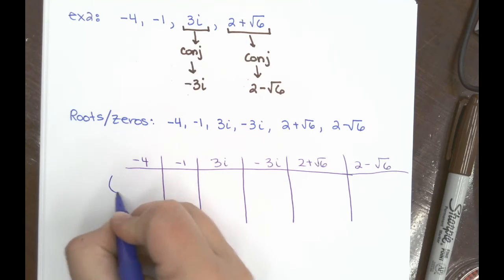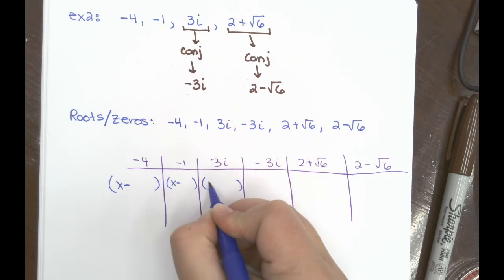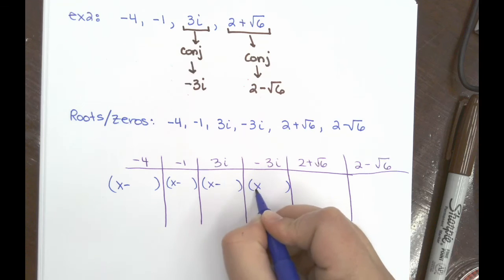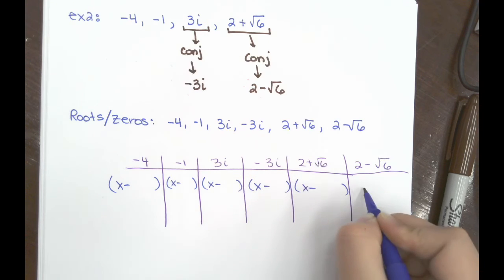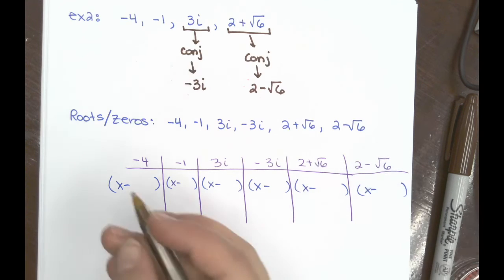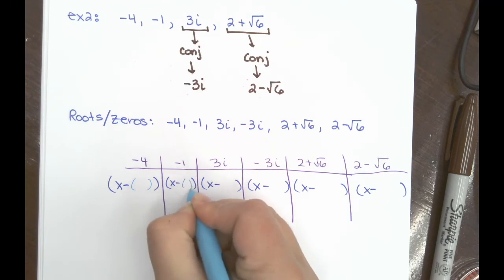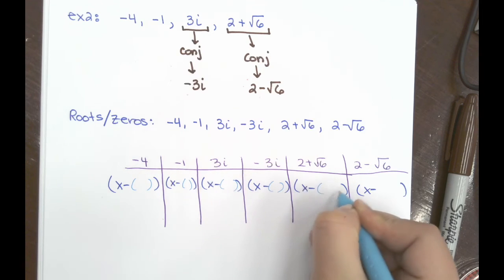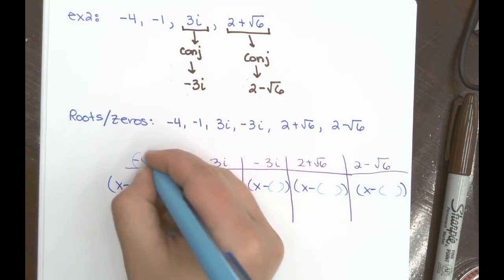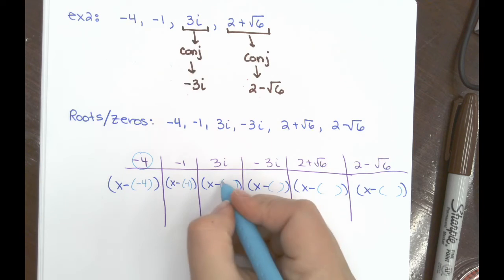From here, we're going to do our x minus for each root. Inside, we're going to create another parentheses. Then you're going to take your 0 and write it inside. So in this case, it's the light blue one.